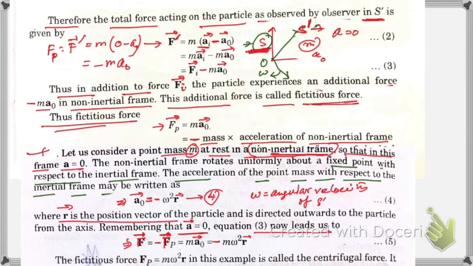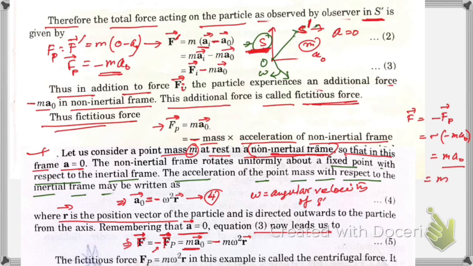If you replace fp by minus m a naught, then f is going to be m a naught.